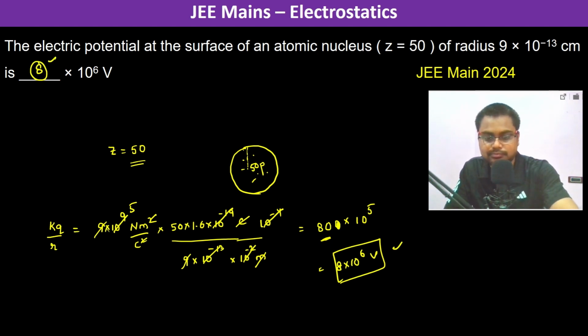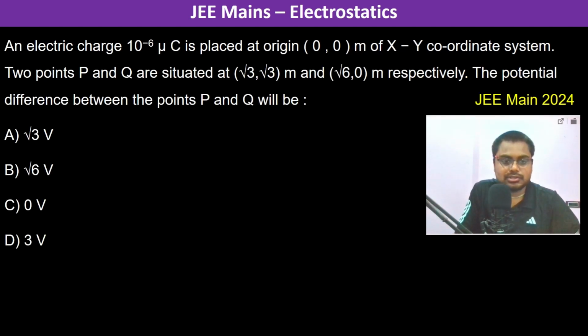Thank you. An electric charge 10 to the power minus 6 mu coulomb is placed at the origin. Here the charge q is placed, which is 10 to the power minus 6 mu coulombs.